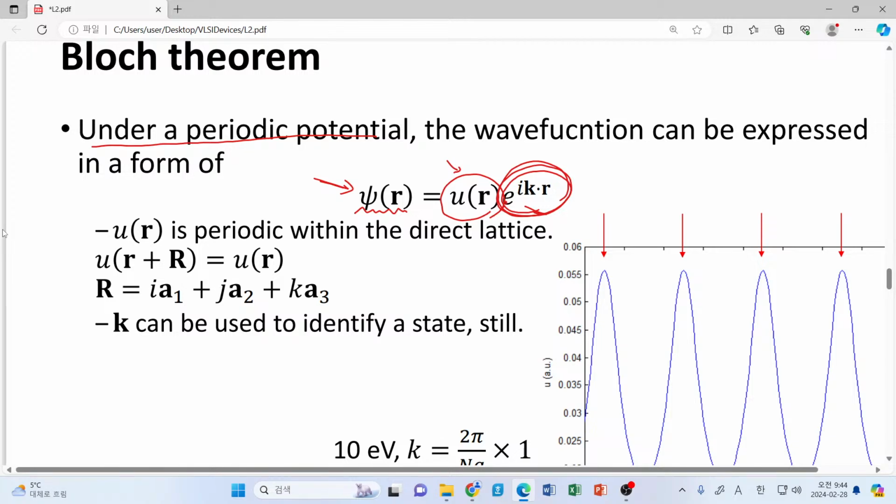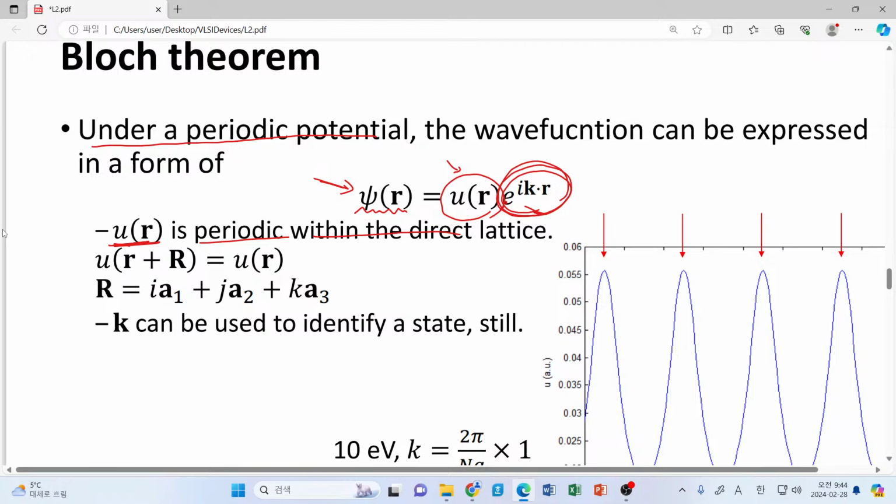But this modulation is not arbitrary; it is periodic within the direct lattice. So in the case of our diamond structure, it follows the periodicity of FCC, face centered cubic.